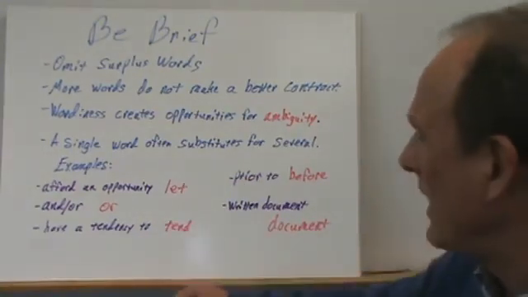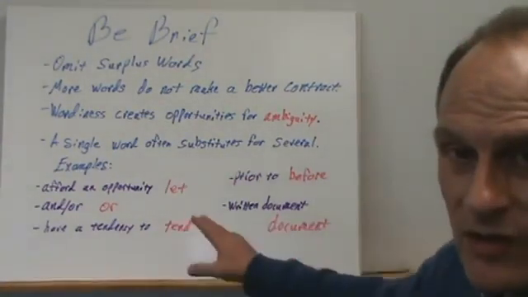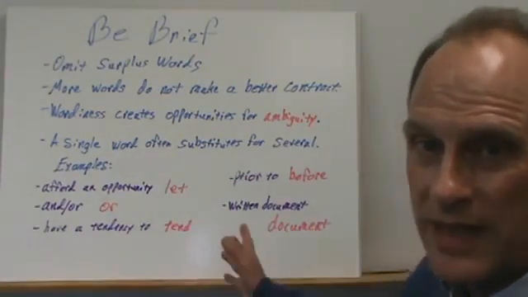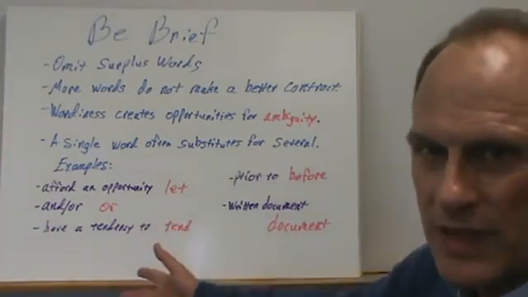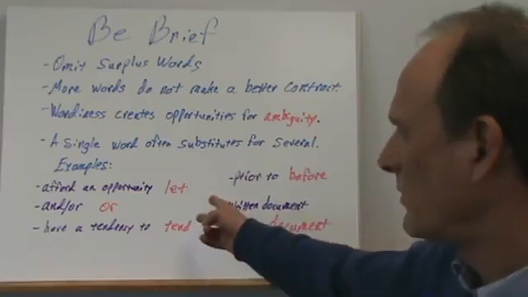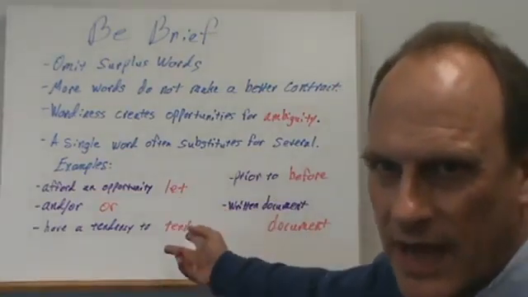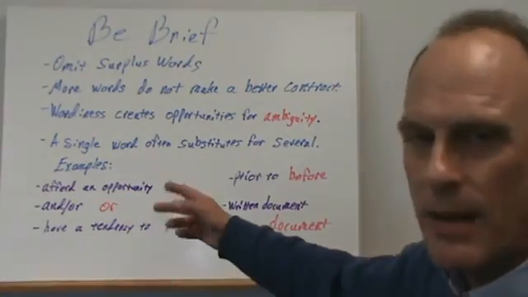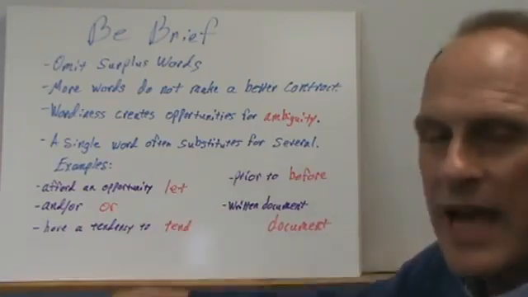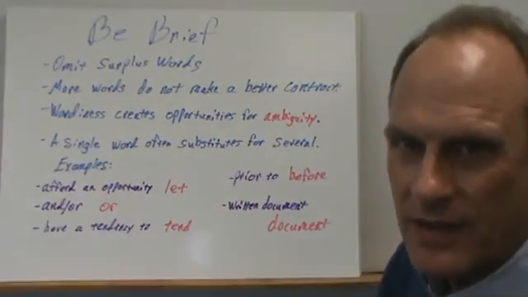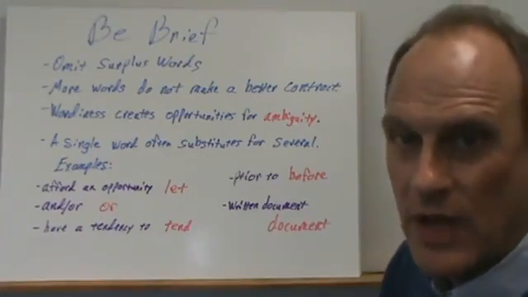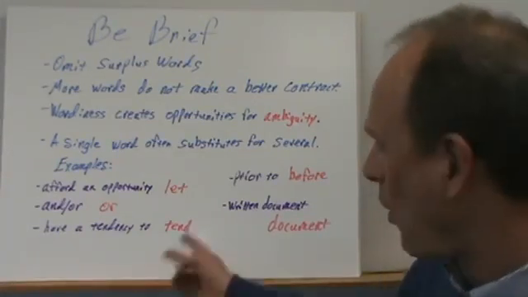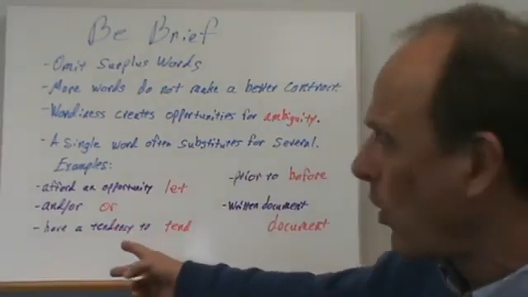Look at these examples. And these aren't necessarily contract examples, but any kind of examples. Afford an opportunity. Well, why don't we just say to let something happen rather than afford an opportunity for something to happen? And or, you see that in a lot of legal writing, and maybe lawyers, we just can't break ourselves of using that, but or works just as well as and or.